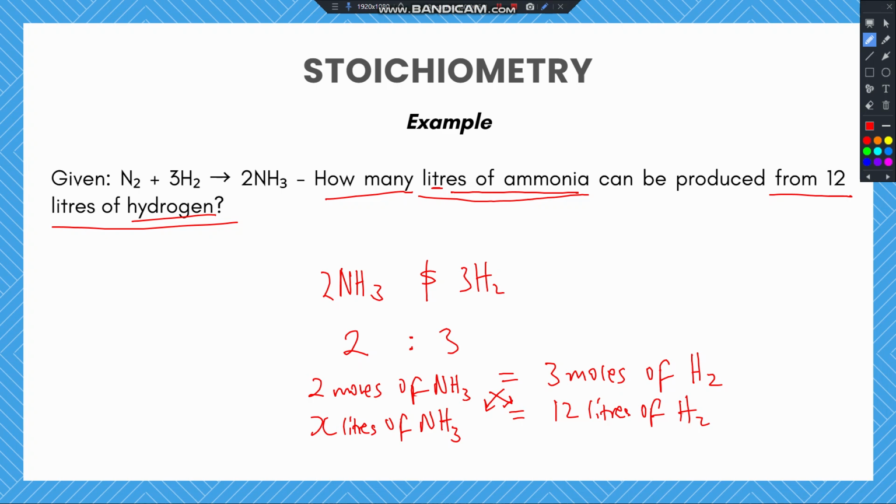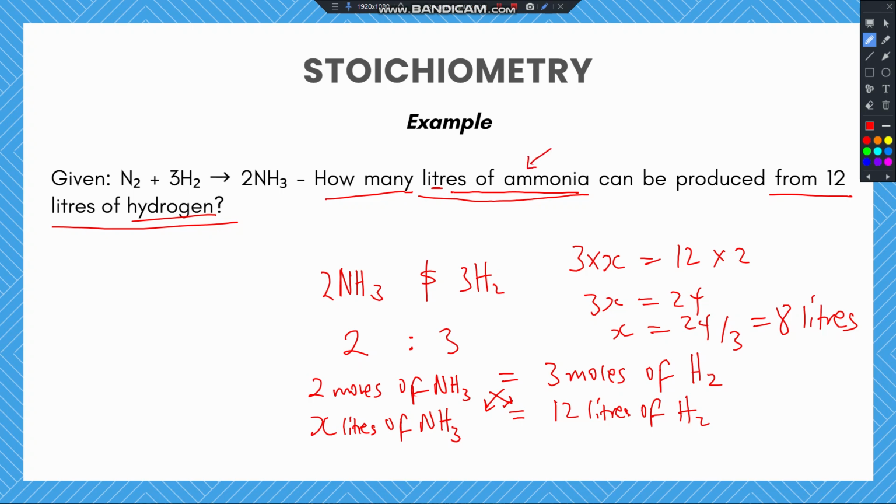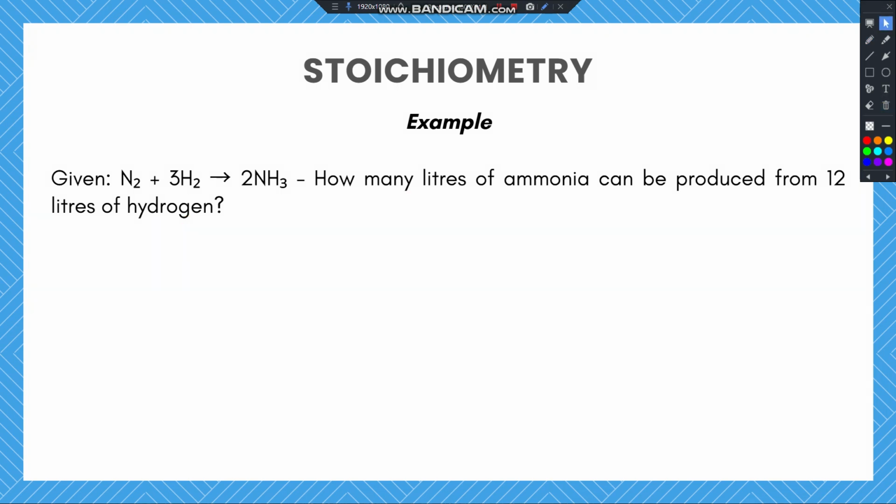When we cross multiply, we have 3 times x is equal to 12 times 2. 3x is equal to 24. X is equal to 24 divided by 3, which gives us 8 liters. So the answer to that question is 8 liters of ammonia can be produced from 12 liters of hydrogen.